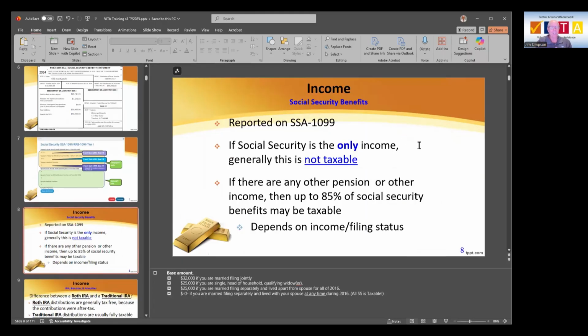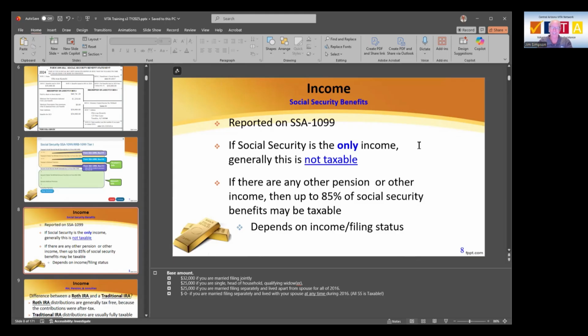Okay, taxability of Social Security. This year we're going to get a lot of questions. I'm sure you've heard in the press, and if you get Social Security like I do, I got a letter from the Social Security Administration saying that under the new Big Beautiful Bill Act, or I forget what they call it, Social Security isn't taxable anymore.